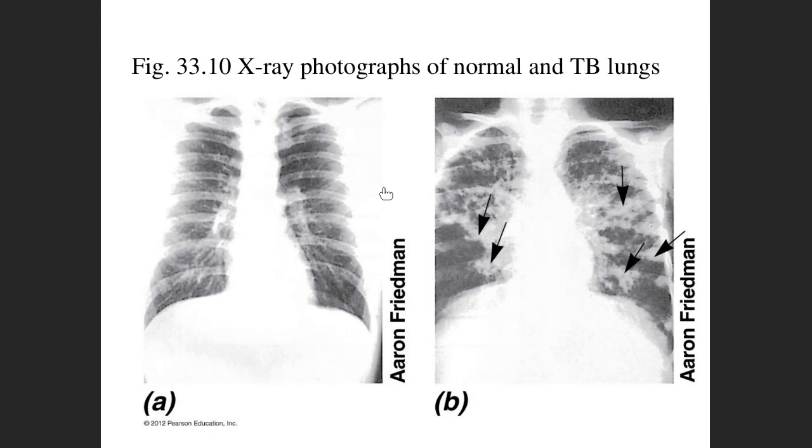And so the black and white film relies on a very interesting chemical reaction. It's a silver chemical, and when it reacts to the light, it forms silver, and then it stays on the film.